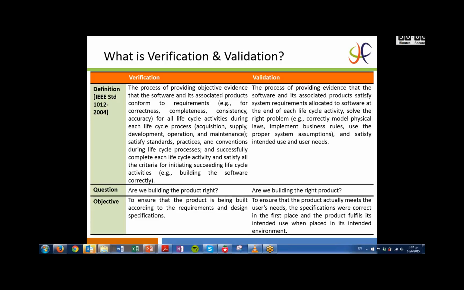Whereas for the validation, the question we have to answer is whether we are building the right product, if the product actually meets the end user's needs, if the specifications were correct in the first place, and if the product actually fulfills the intended use when it is utilized in the intended environment.